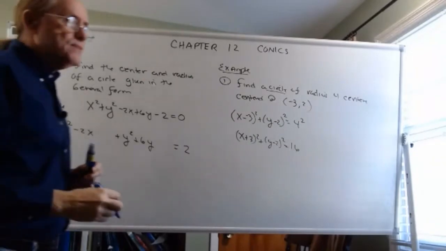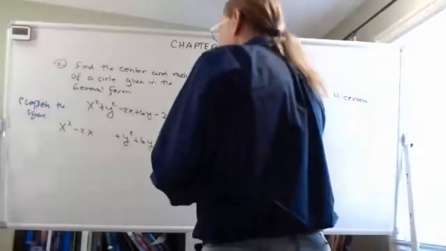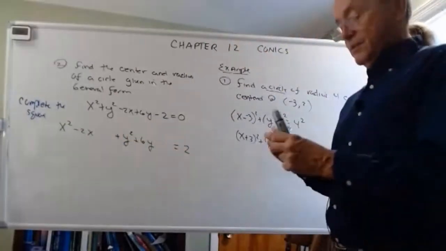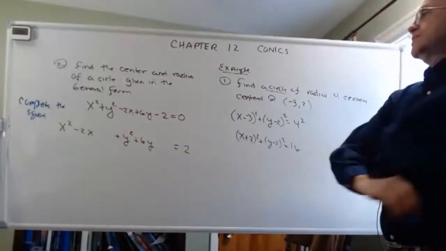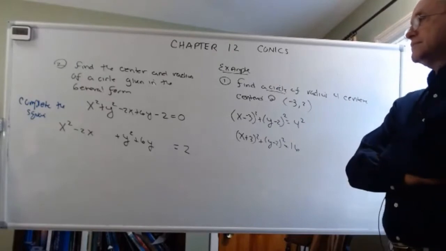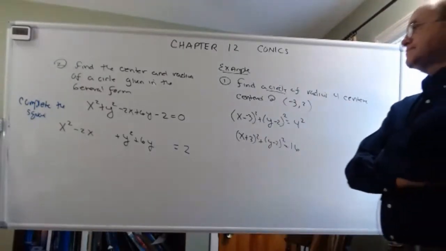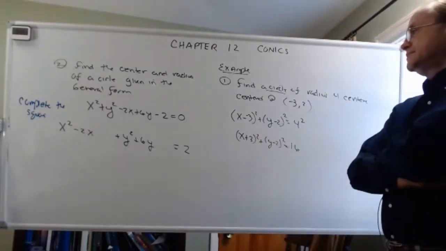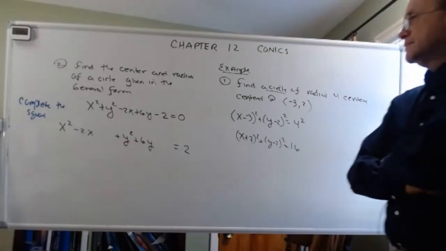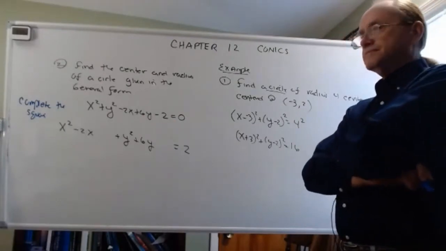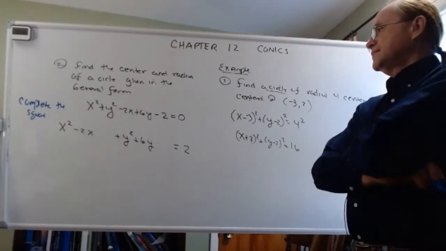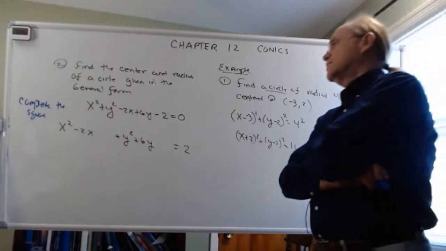Well, we've done that before, so why don't you try that? Complete the square on both of these and see what happens. I'm going to do it as well, but I want to make sure you work on that. I'll write it out after I complete the square.